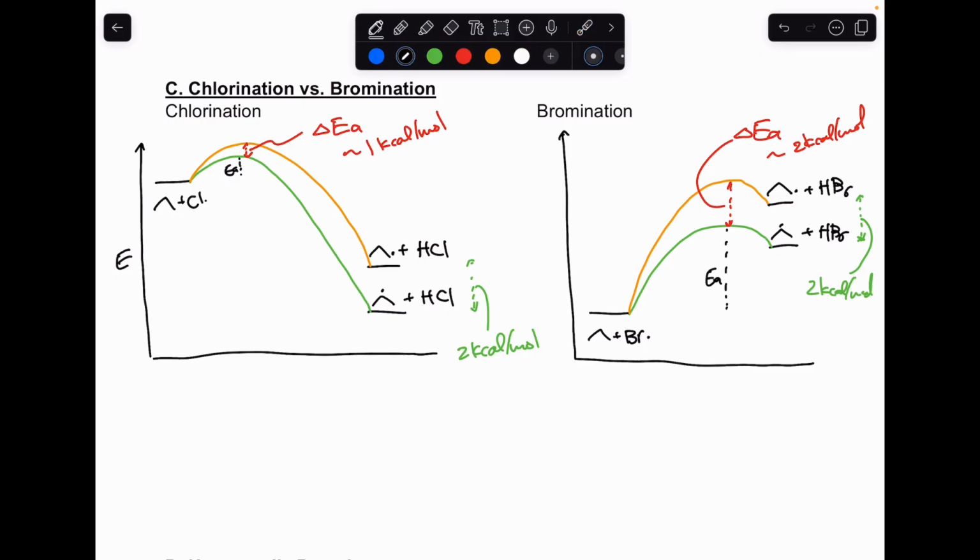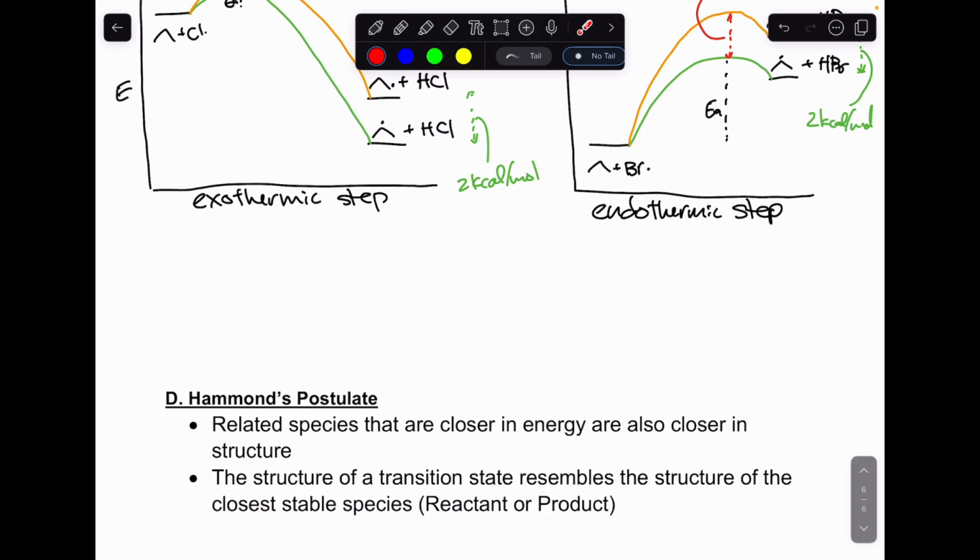So it has to do with the difference between the reaction being exothermic versus endothermic. Another way to think about this is the transition state here that differentiates the two looks very much like the products, and so there's selectivity just like the products for bromination. Okay, we would say that for the chlorination reaction, or exothermic reaction, the transition state is closer to reactants.